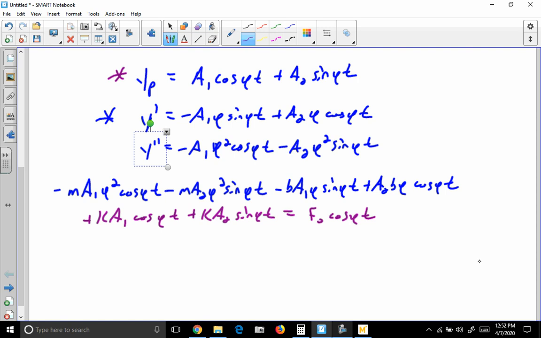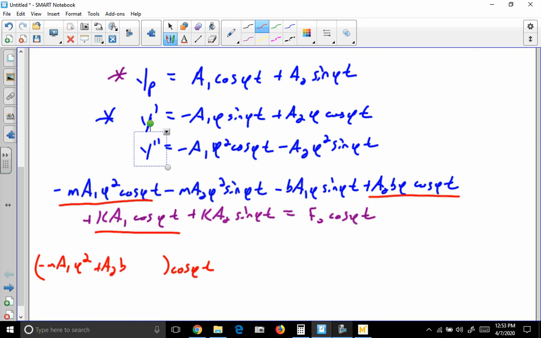So we need to collect some like terms. We want to put our cosines together, and we want to put our sines together. So for cosine gamma t, our coefficient has a minus m A1 gamma squared, a plus A2 b gamma, and a plus k A1.